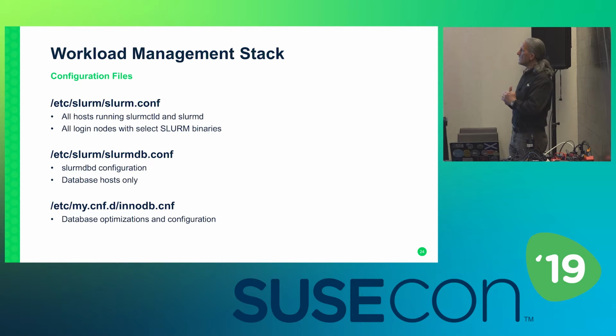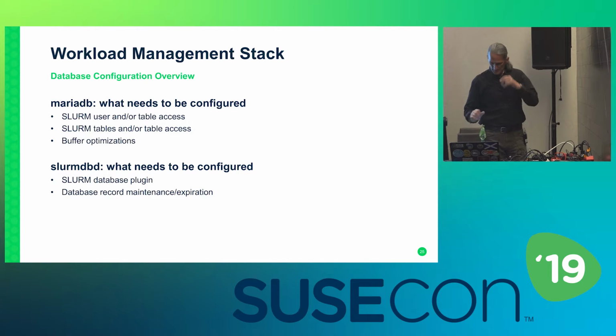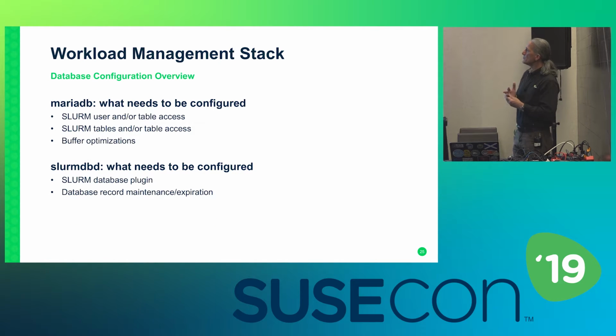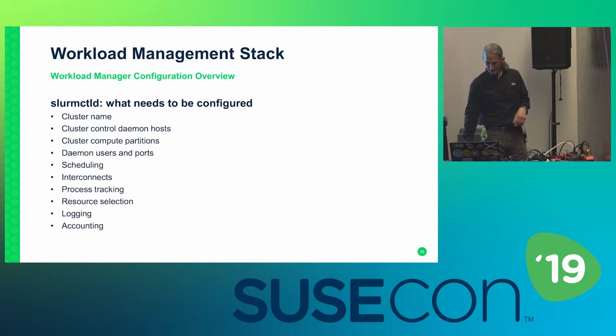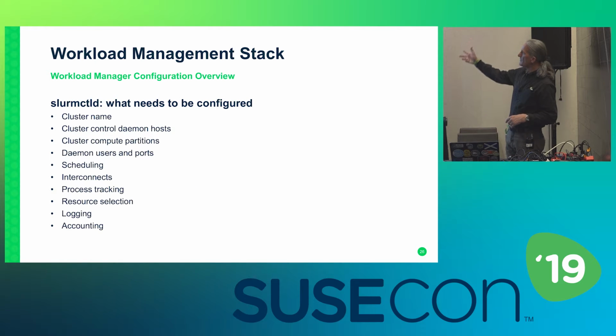Your slurm.conf pretty much goes on every node in the cluster except for the database box. So it's the unified configuration for everything. This instance uses MariaDB, and the Slurm database daemon is configured to use the Maria database that was installed when we installed software stacks. So this is a list of the things that you basically need to configure.